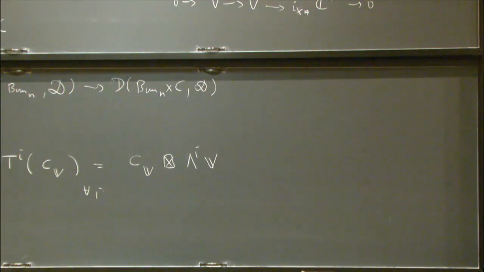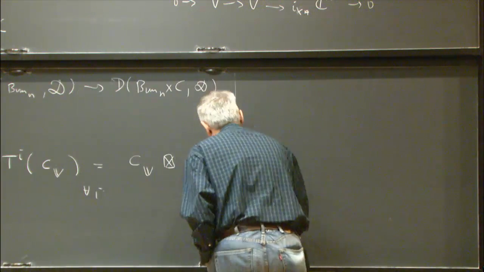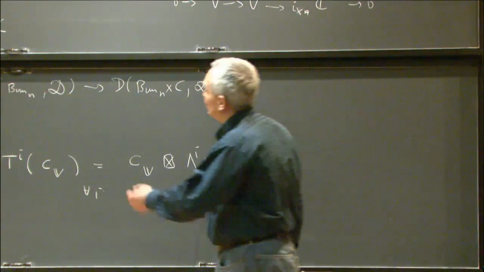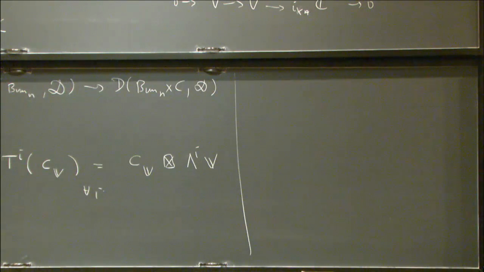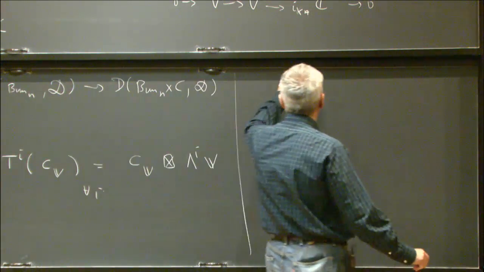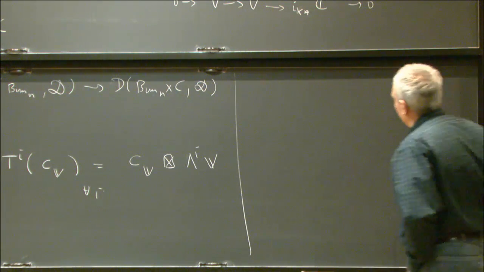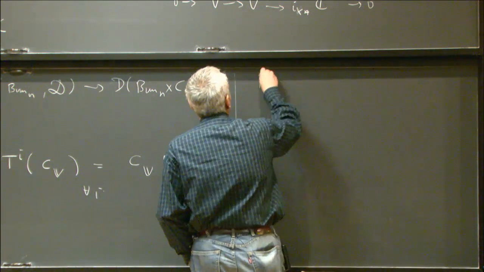And so what does this have to do with mirror symmetry? The point is that this is really secretly mirror symmetry for the integrable system corresponding to the moduli of flat bundles.